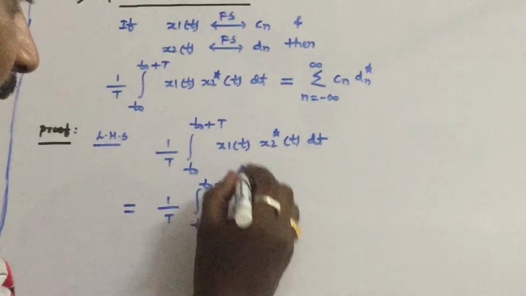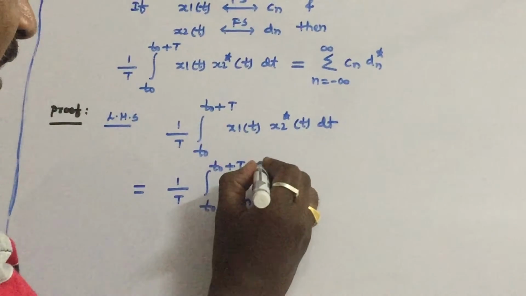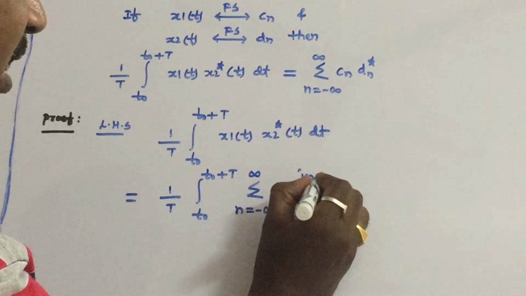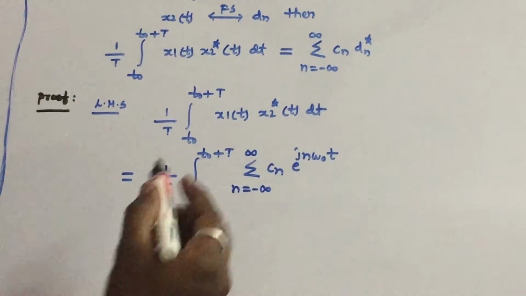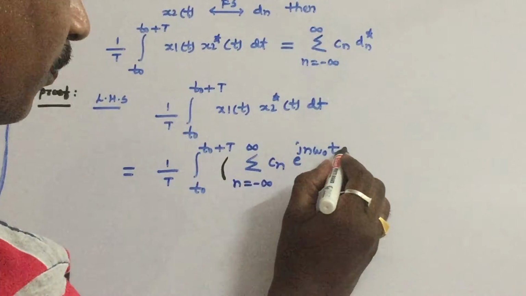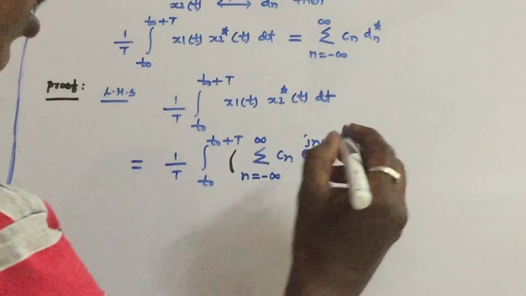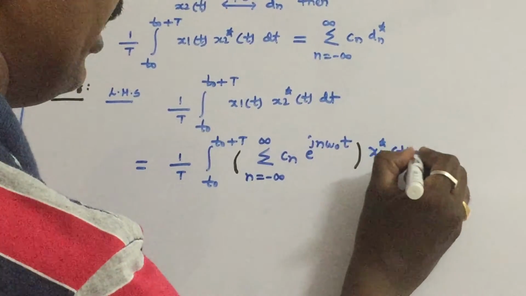Write x1 of t using the exponential Fourier series, that is summation n equals minus infinity to infinity Cn into e power j n omega 0 t. Write it in one term. So this is the exponential Fourier series of x1 of t. Write x2 star of t dt.